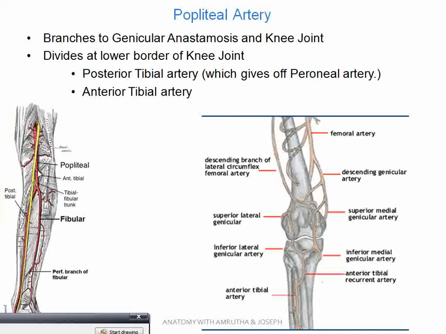So division occurs here at this point, anterior tibial artery, and the continuation of it is the posterior tibial artery. Now the posterior tibial artery later gives another branch that is called the peroneal artery or fibular artery.